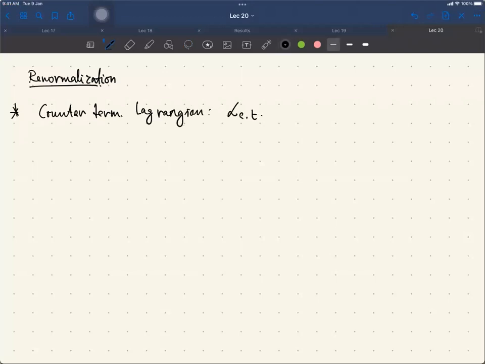And we calculated it. The result, so let me now define, I will get back to the result of the counterterm Lagrangian in a while.